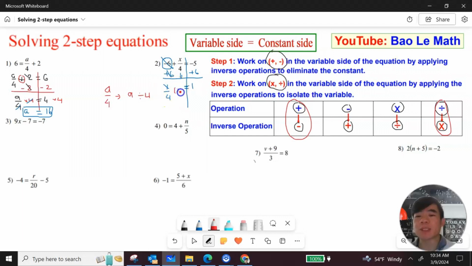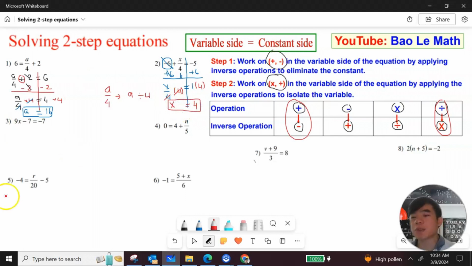I multiply both sides by 4. The 4 and 4 cancel out. I have s left, equal to 1 times 4, which equals 4. And this is my answer.